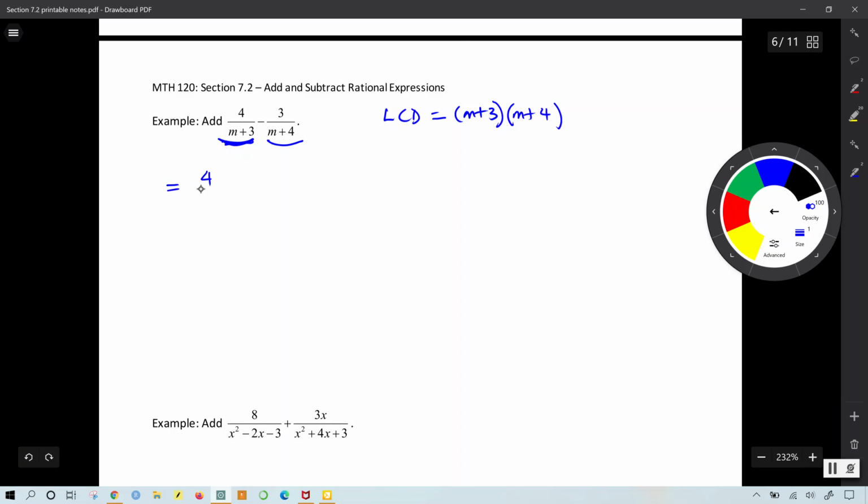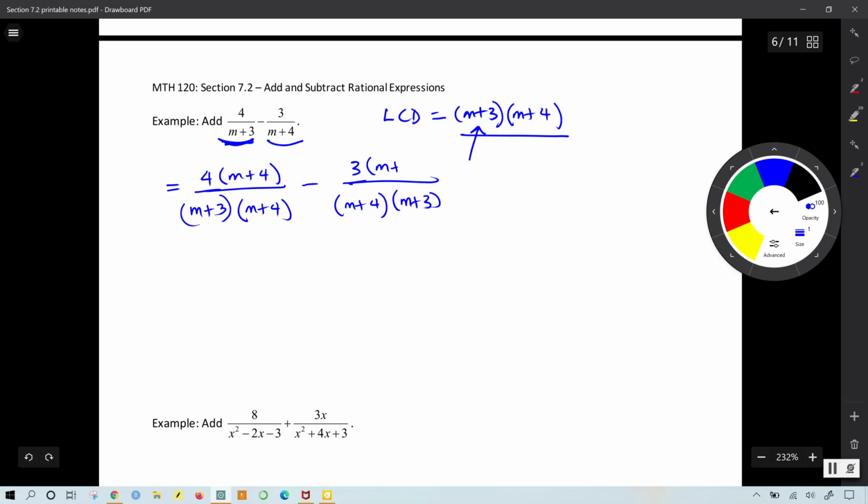So that means 4 all over m plus 3 needs an extra m plus 4 on the bottom and on the top, and minus 3 over m plus 4 needs an extra m plus 3 on the bottom and on the top so that the bottom can catch up to the LCD.